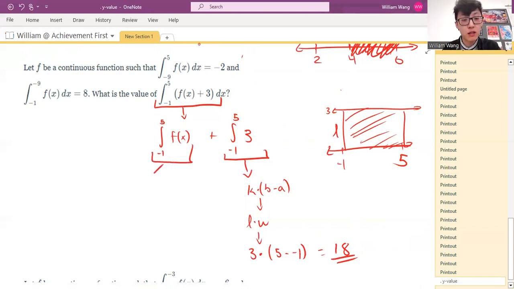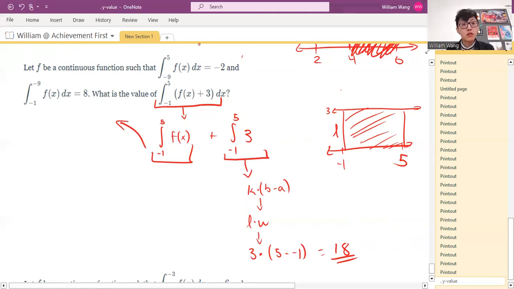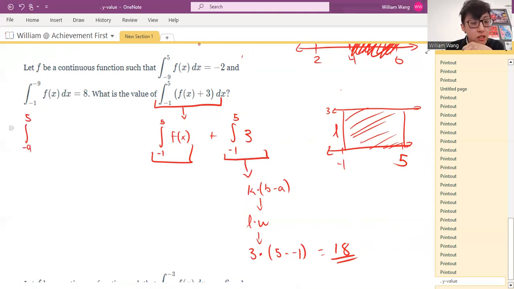I need to figure out this part next, so let's figure out what this integral is going to be. Well, what am I given? I'm given my integral from -9 to 5 is equal to -2. I'm also given my integral from -1 to -9.